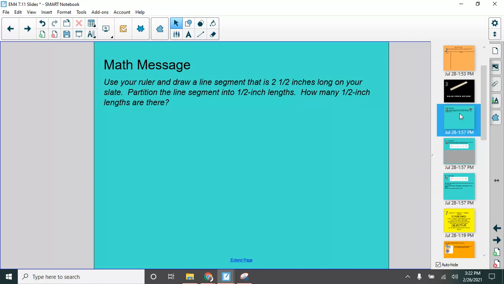And then you're going to partition the line segment into 1/2 inch lengths, right? So let's do that first. Draw this line segment, make it 2 1/2 inches, and then I want you to split it, make a little dot every 1/2 inch.